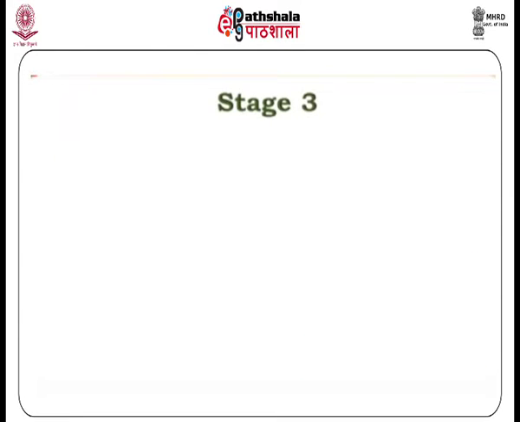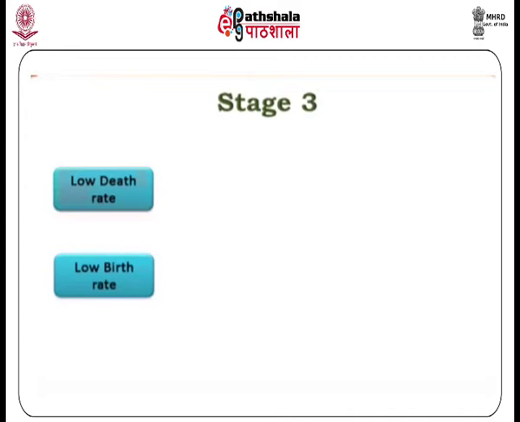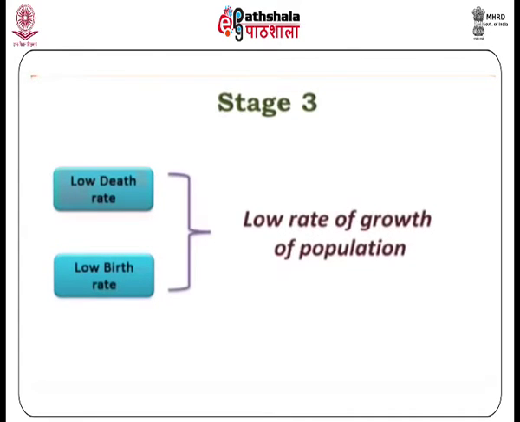Stage 3. In this third stage, DR is already low and BR also falls low, so that the rate of growth of population again becomes low, as in the first stage.